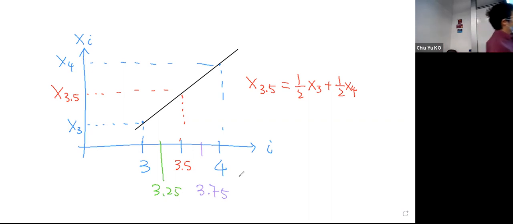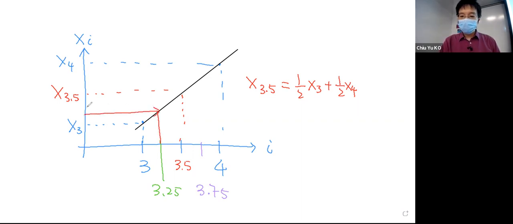Because it's 1/4, 2/4, and 3/4. So how can we do this? What we're going to do is the same idea of interpolation. You just try to figure out what this number here is. This will give us 3.25.